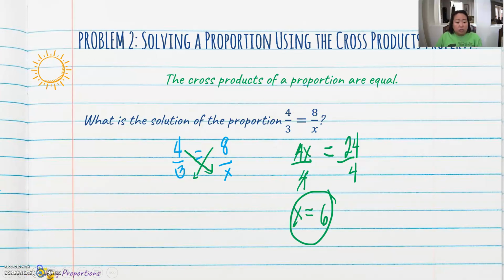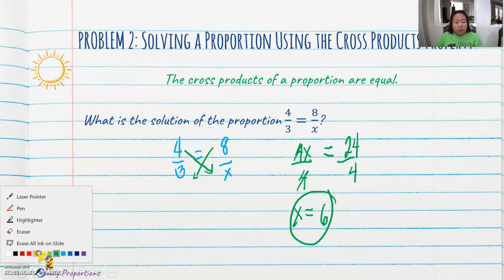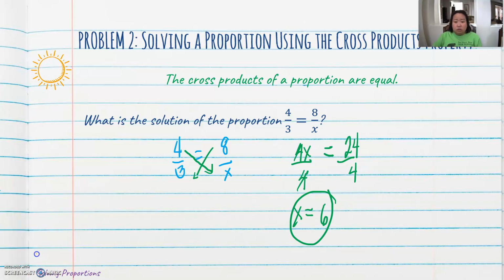What did you do to 4 to get 8? 4 needed to be multiplied by 2. Since the numerator was multiplied by 2, you can also do that to your denominator. 3 times 2 is 6, and as you can see, it is exactly the same value that we got when we did our cross product.